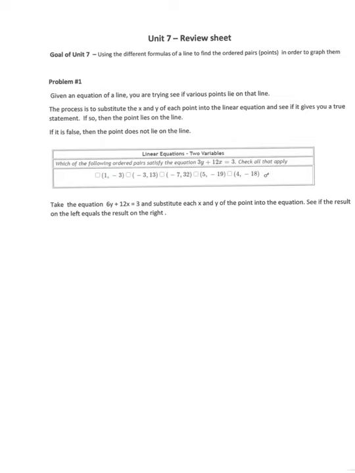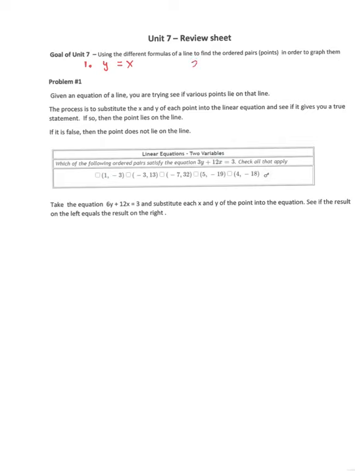I'm going to do a quick review of the Unit 7 review sheet. Again, the topic is learning how to graph different equations of lines, and there are basically two different equations of lines. One is where the y is on one side of the equation and x is on the other.